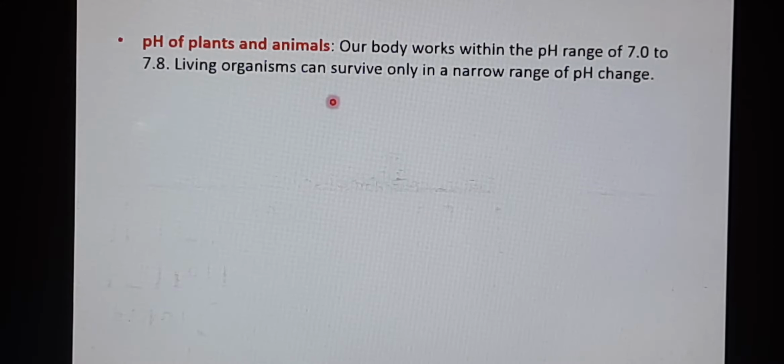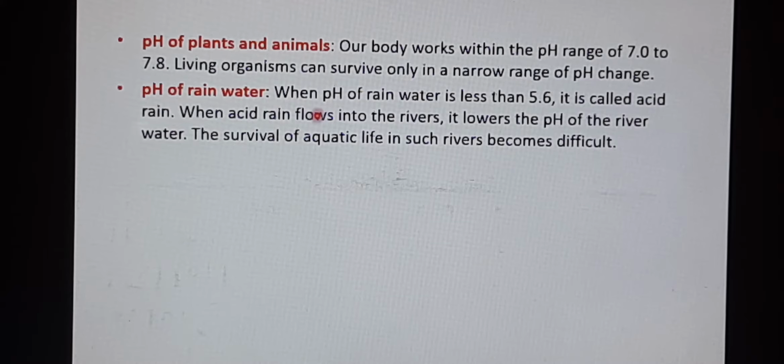Then pH of rainwater. When pH of rainwater is less than 5.6, it is considered as acid rain. And you know, when acid rain flows into the rivers, it will lower the pH of water. Why will it lower? Because we know 1 to 6 is for acidic characters.